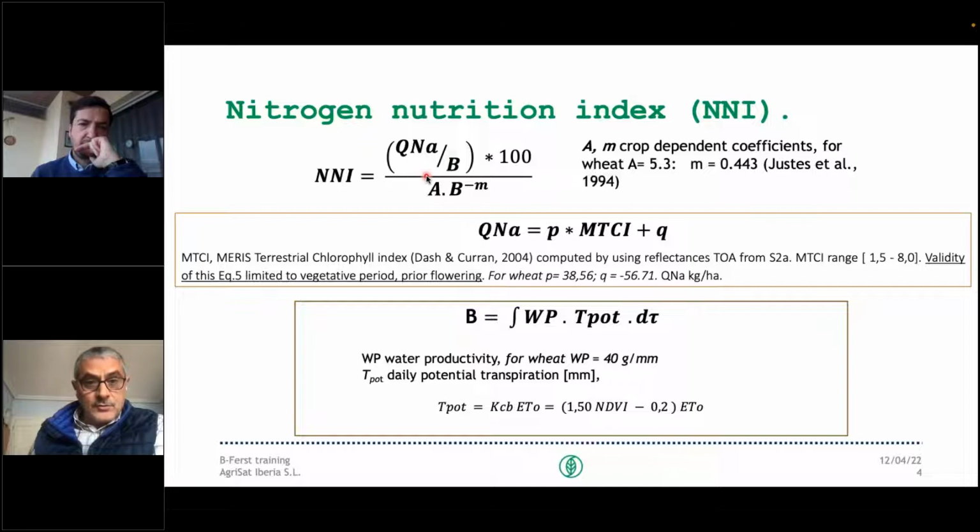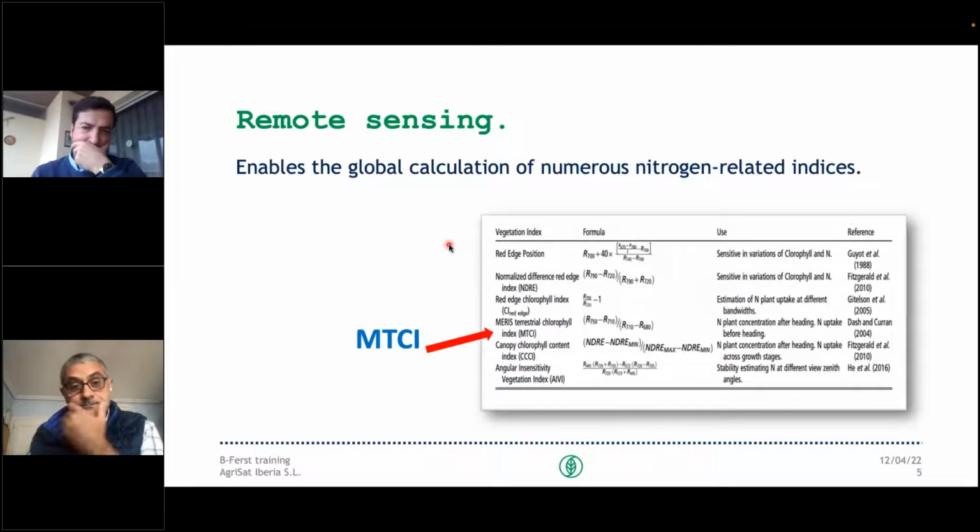Thanks to remote sensing, there are parameters like the chlorophyll index that allow calculating the amount of nitrogen per square meter or per hectare, and also using models and different information coming from remote sensing, it is possible to calculate the biomass. So this index became operational thanks to the information coming from remote sensing.